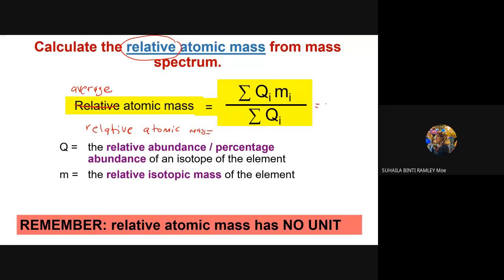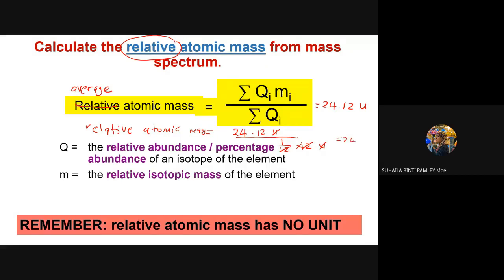For example, here the final answer is 24.12 u. So we use the value and relate it with 1 over 12 the mass of carbon 12 u. So we cancel u and u, and 12 and 1 over 12.